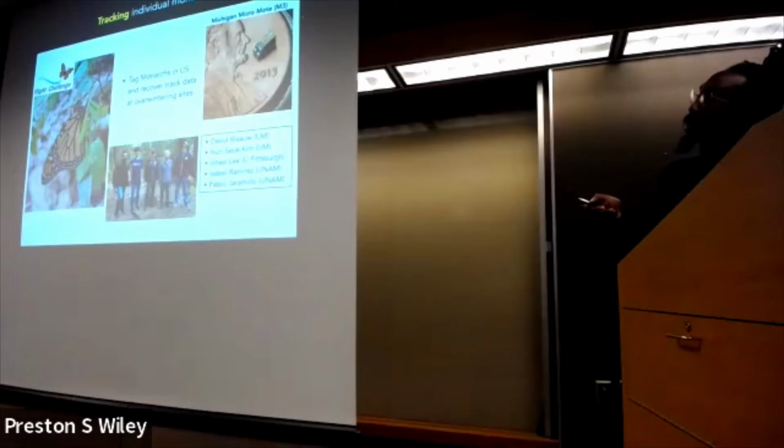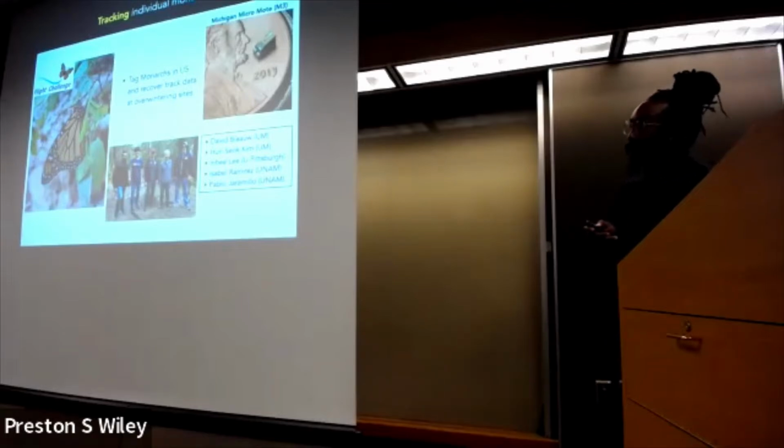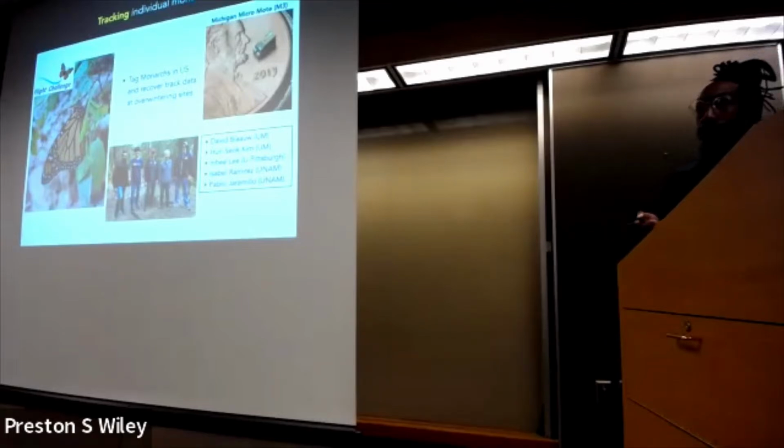So this sensor, strapped on the back of monarchs, will collect that information. It will store it along their trip, and then once the butterflies get to Mexico, we just need to be within a certain range, and then we'll be able to remotely download the light and temperature data that they've collected. Then we can use our localization algorithm to back out what the locations were along the trip.